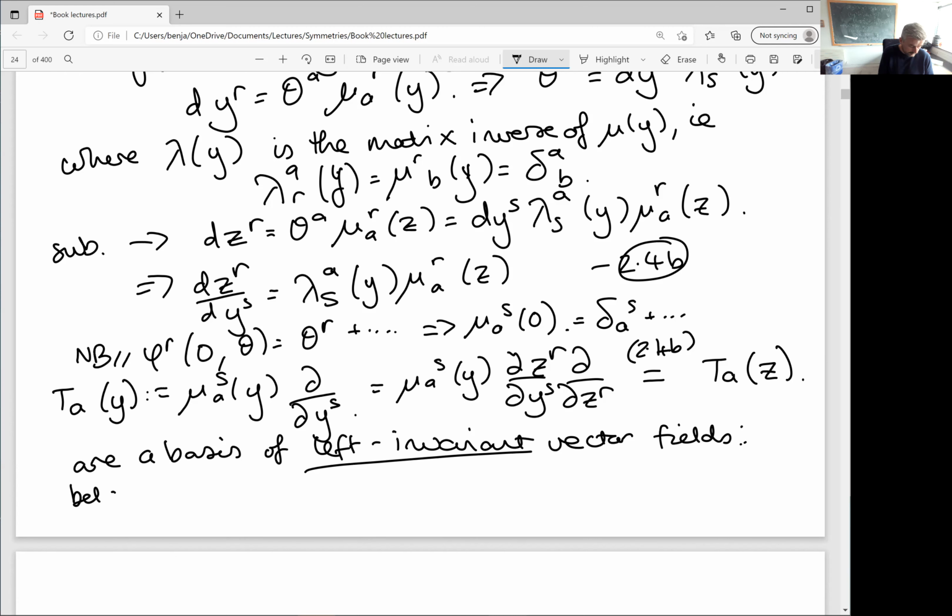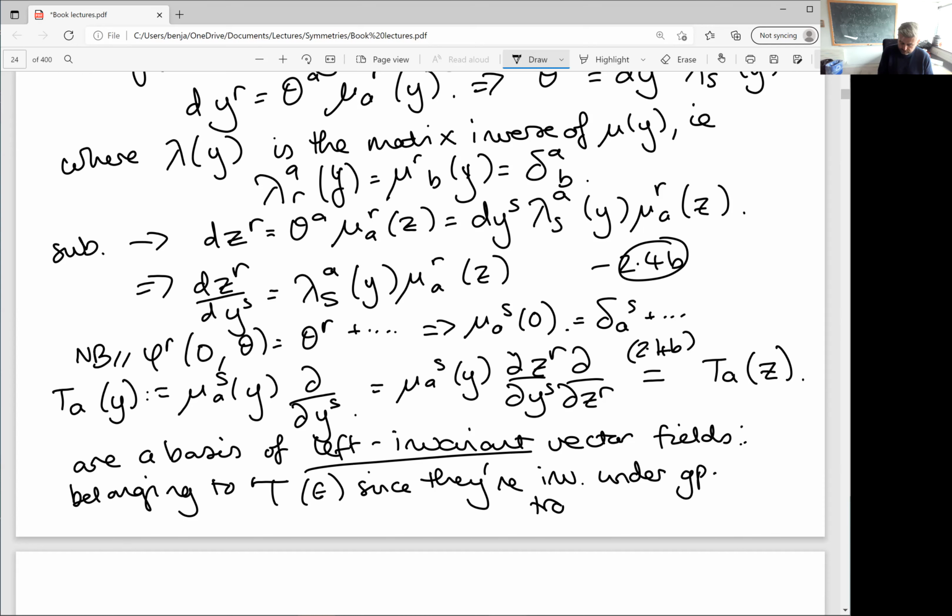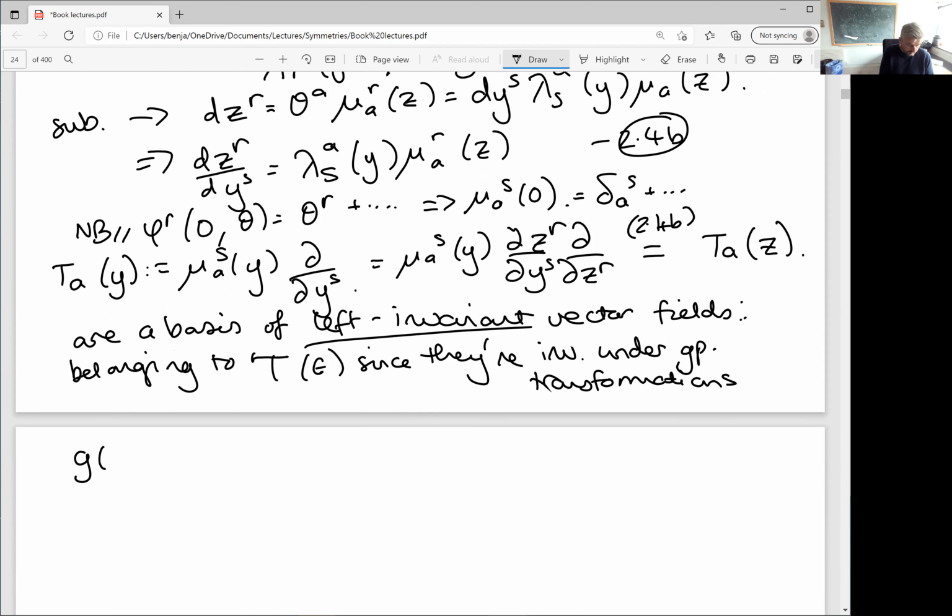And they belong to the tangent space of the group, since they're invariant under group transformations, which look like g_y goes to g_z equals g_x g_y.